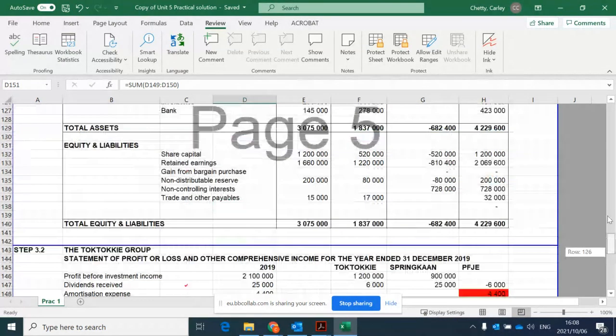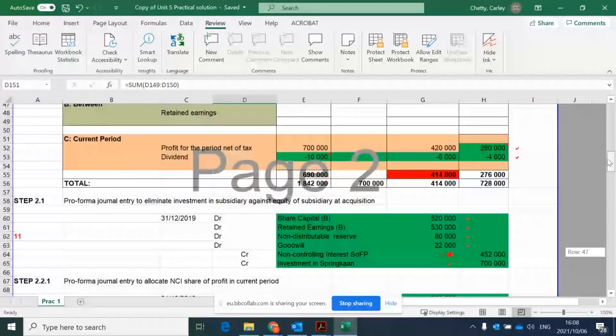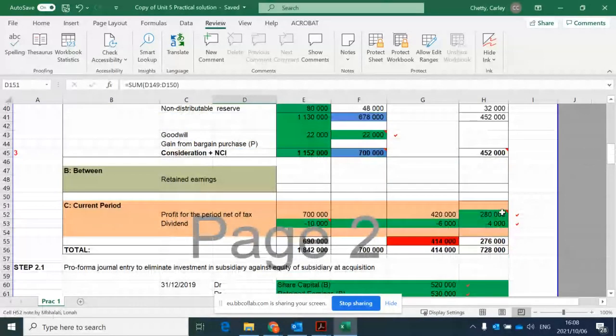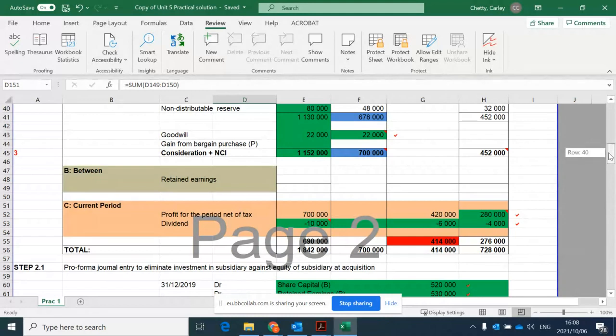So the non-controlling interest figure will come from your analysis of owner's equity. So that 280,000 Rand is going to be recorded there as the non-controlling interest share of the current year profit. So this is where that 280,000 Rand comes from.